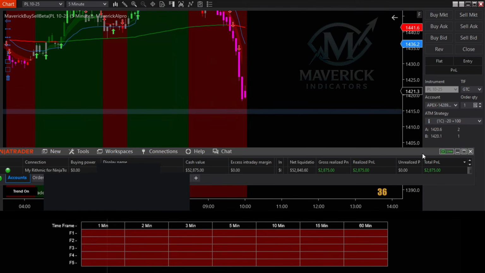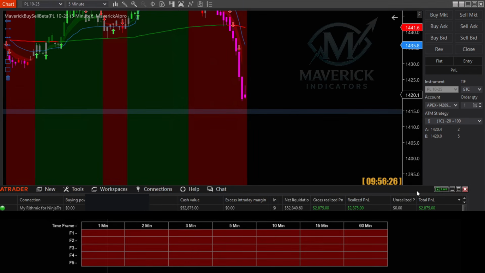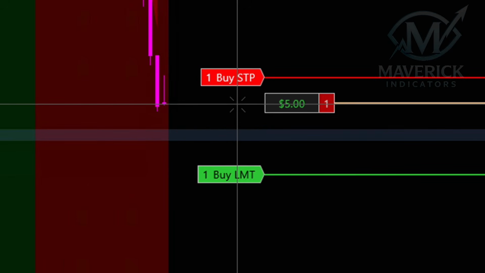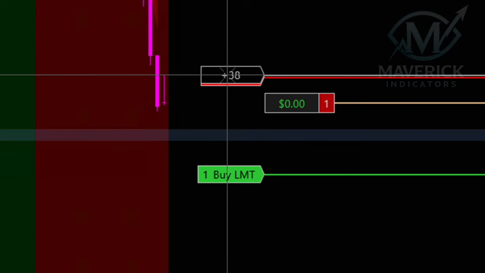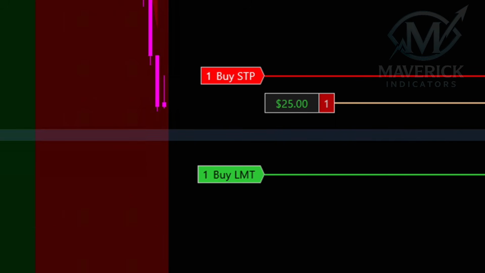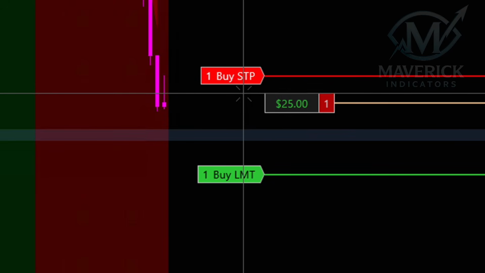All right, so let me bring this down because I want to see my time here. I'm going to take this. I'm going to put my stop at the top of this candle. And let's see if we can go over this 3,000. Now, I'm not sure because we're coming up to this resistance area.